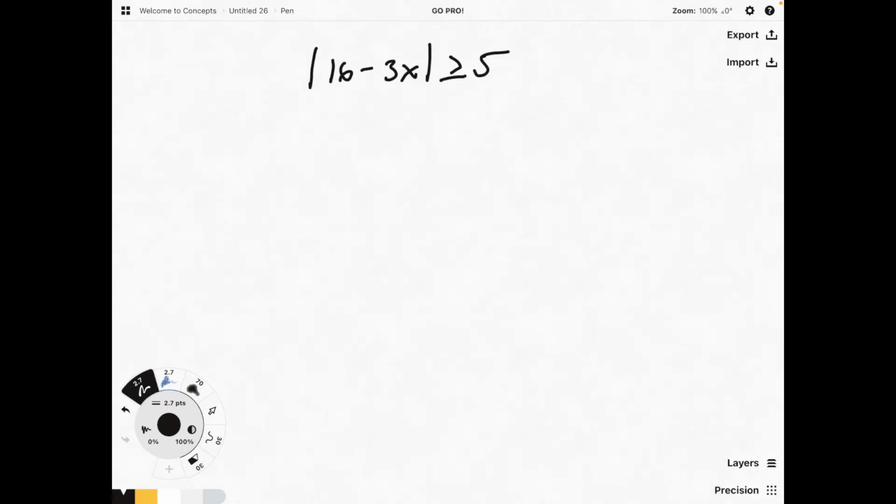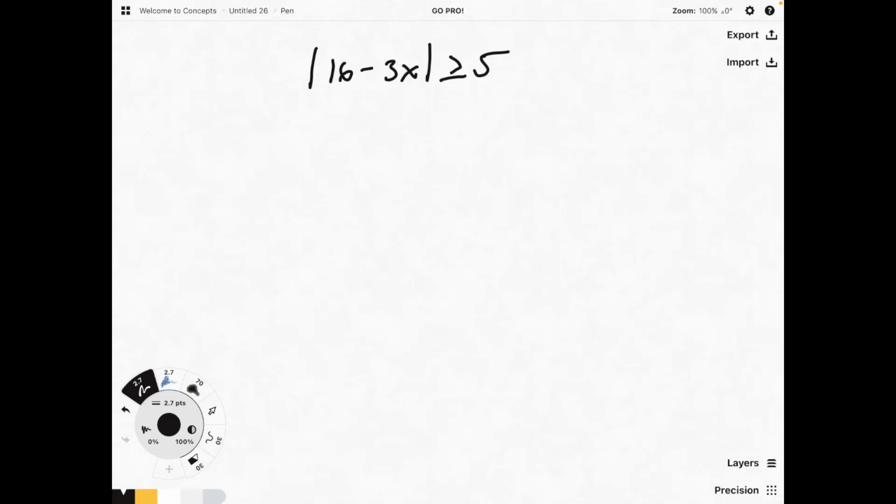Looking at another example, we have the absolute value of 16 minus 3x, which is greater than or equal to 5. Again, we have to always remind ourselves to take into account both the positive and negative values.